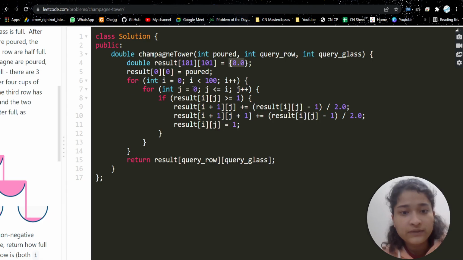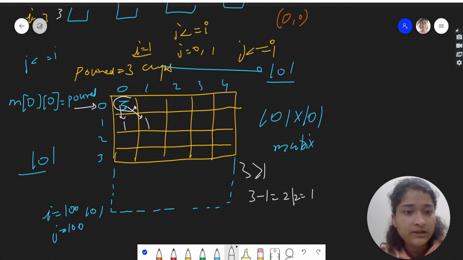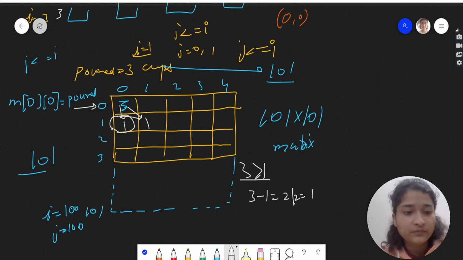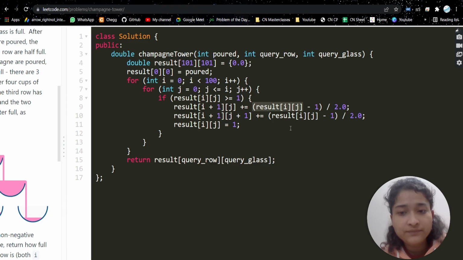Fine. So see, we are traversing in the first row and in this column. And this j will be going less than or equal to I, right? If result ij is greater than 1, here 3 is greater than 1. So what we are doing in I plus 1 comma j, that is here, we are storing result I comma j minus 1, that is 3 minus 1 divided by 2.